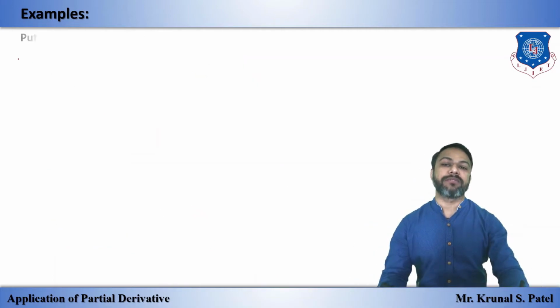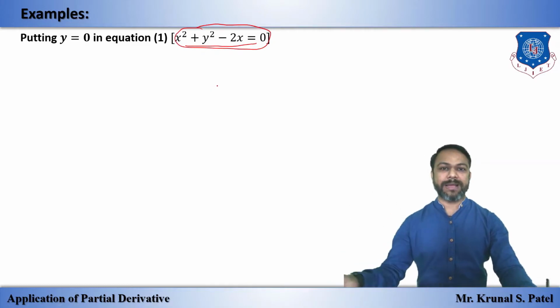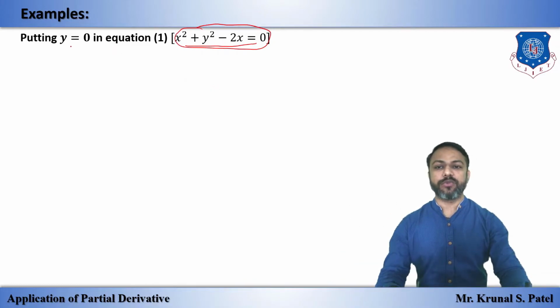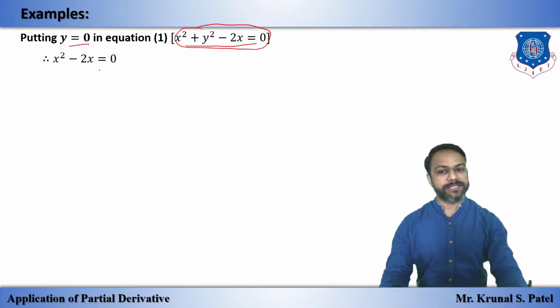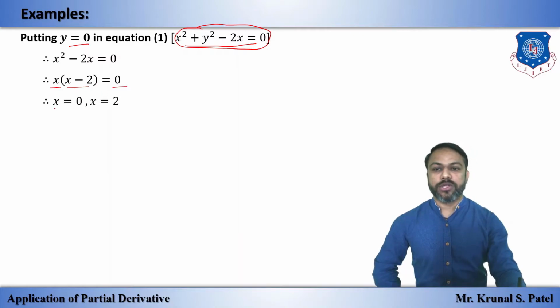So by putting y is equal to 0 in equation 1, and what is equation 1? This one. I just write down this equation because we have a limitation that we cannot go back. So now put y is equal to 0 in the equation, so we have x square minus 2x is equal to 0. By taking x common, we have x times x minus 2. So x is equal to 0 and x minus 2 is equal to 0, that means x is equal to 2.